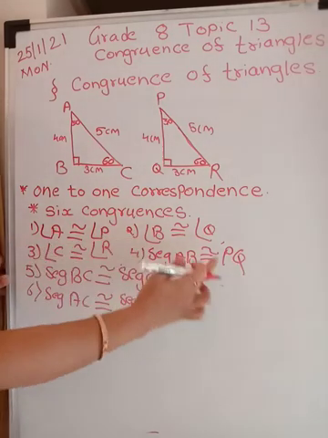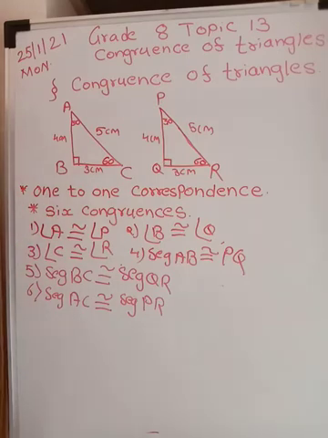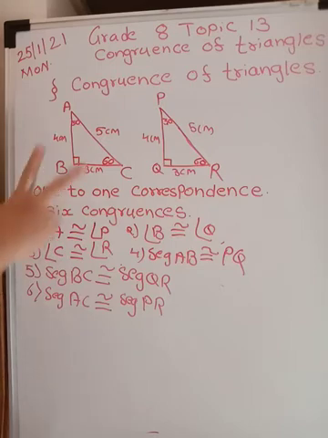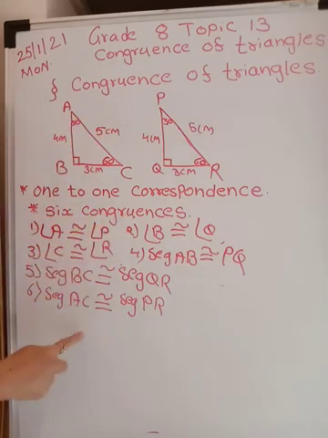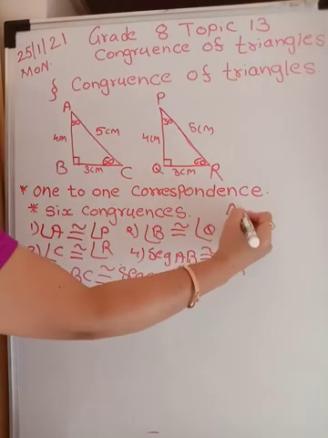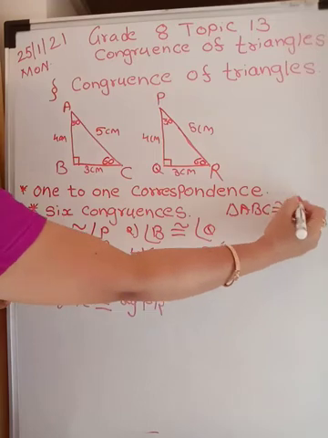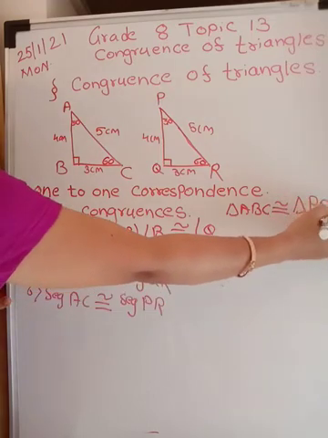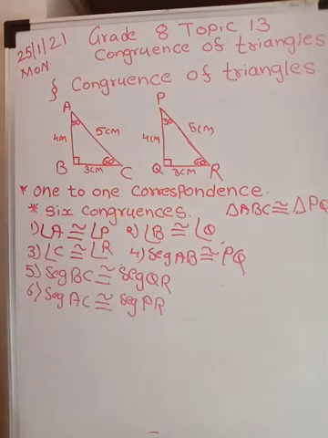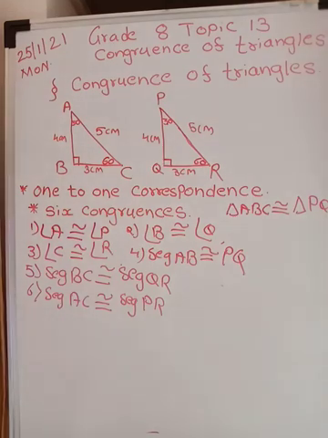So these are the 6 congruences if two triangles are congruent. I hope the concept of being congruent is clear. You should be drawing this diagram and writing these 6 congruences, provided triangle ABC is congruent to triangle PQR. Is this clear? Okay, now let's go for the tests of congruence.